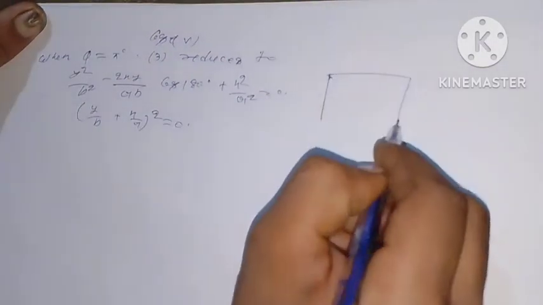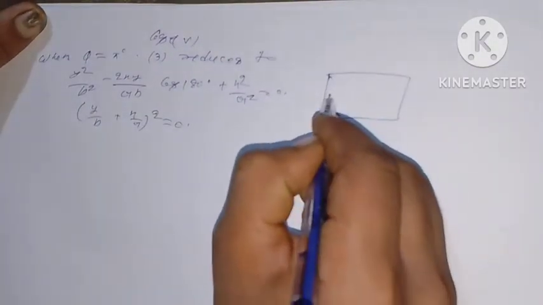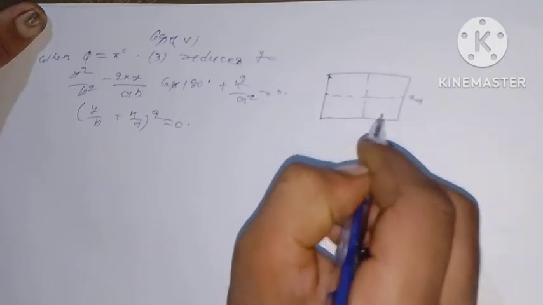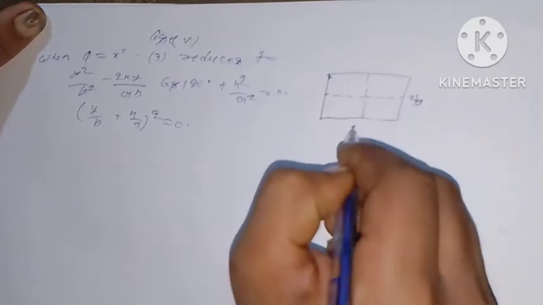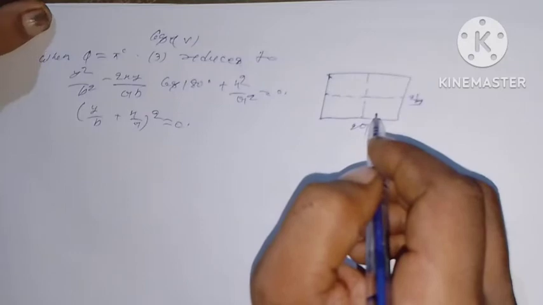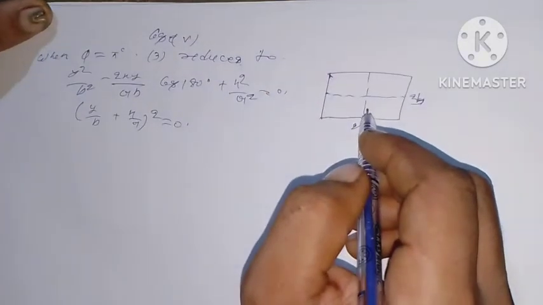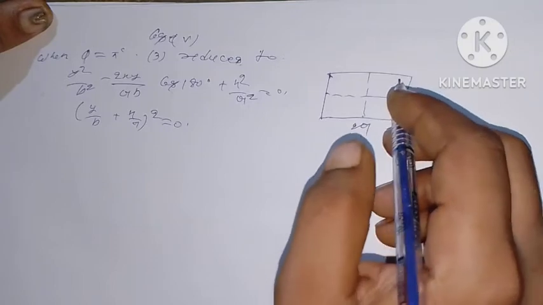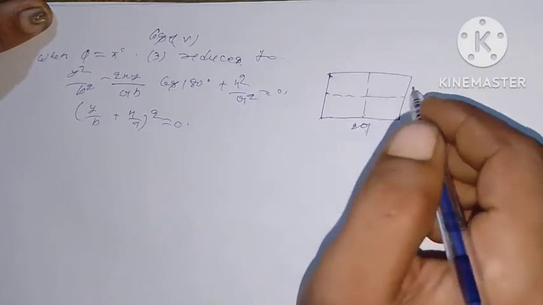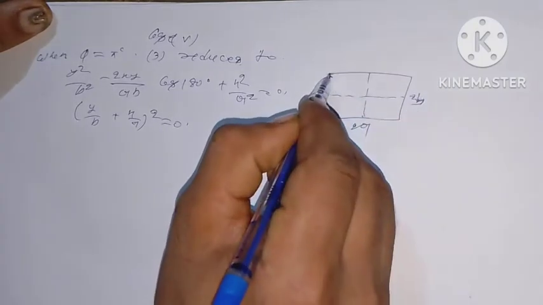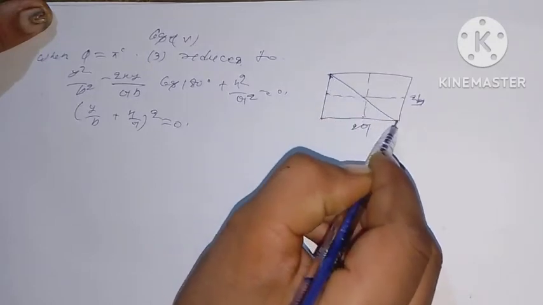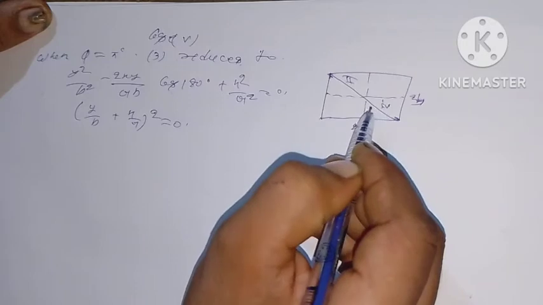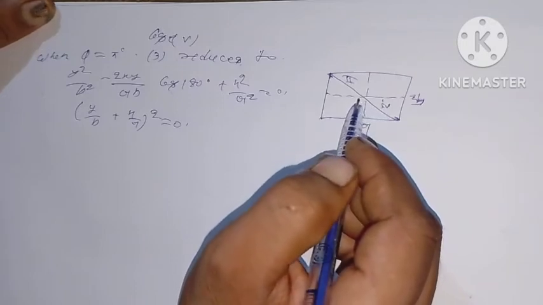This equation, with 2b and 2a, represents a pair of coincident straight lines lying in coordinate second and fourth as shown in the figure.